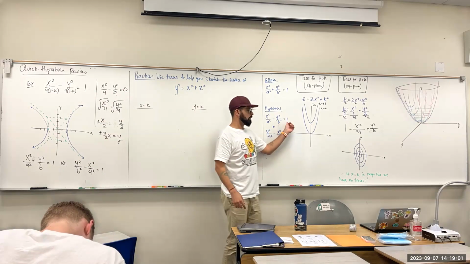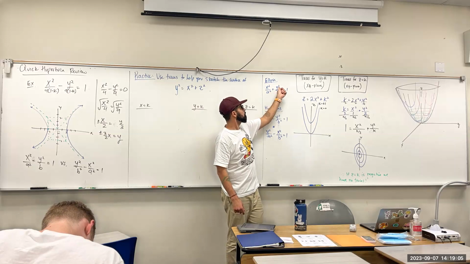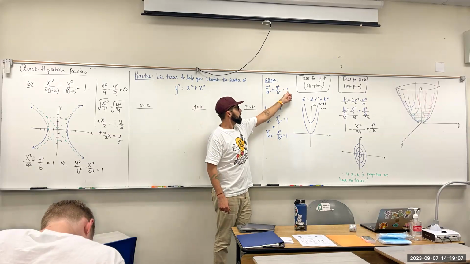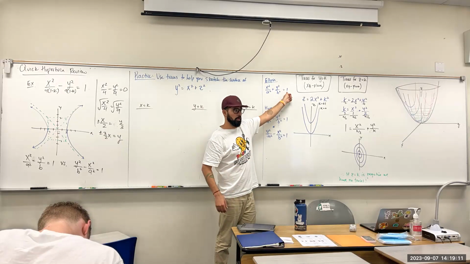Remember, if it's not equal to 1, and it's two squares adding, and it's not equal to 1, divide it so that it turns into a 1.